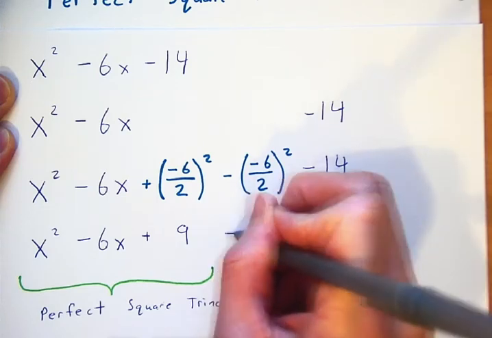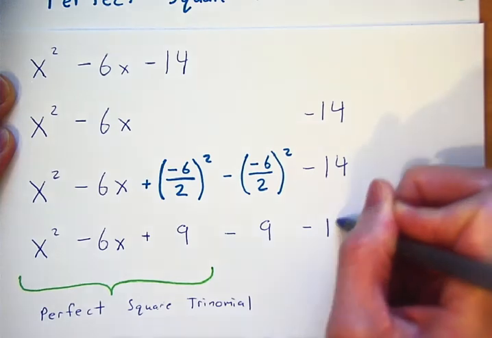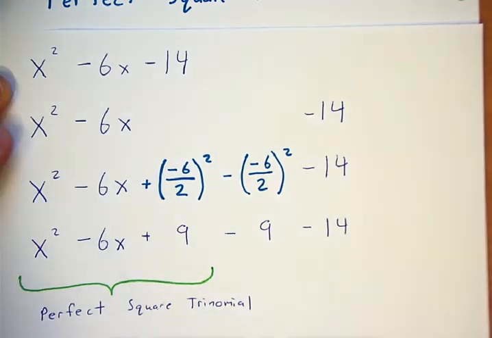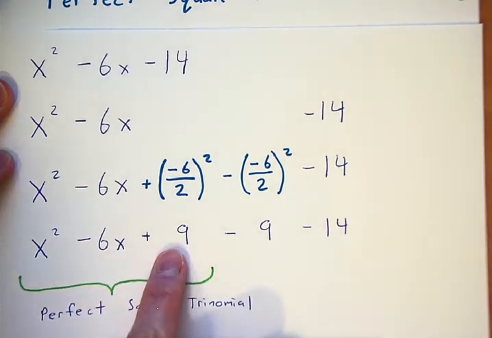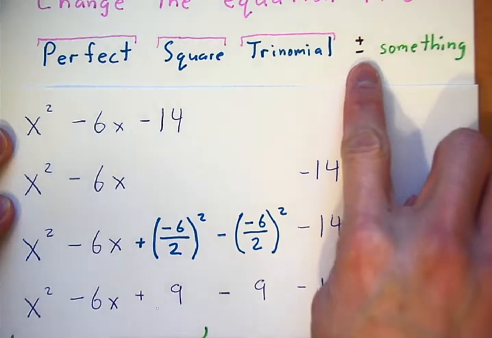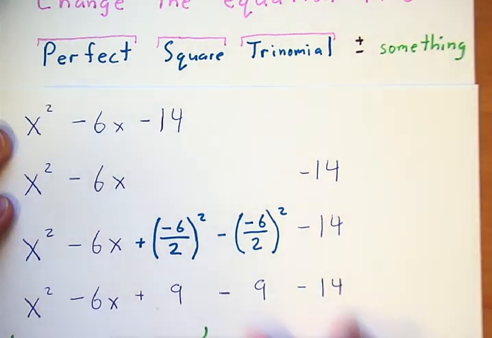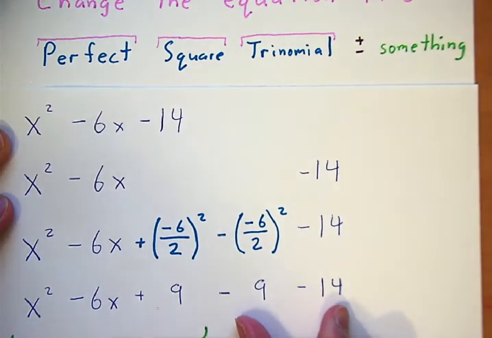This is minus 9. We have minus 14. Okay, so now these three are a perfect square trinomial, and I want it to be either plus or minus a number. So let's just combine these two numbers.